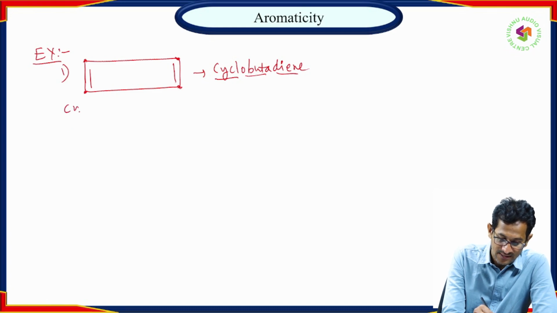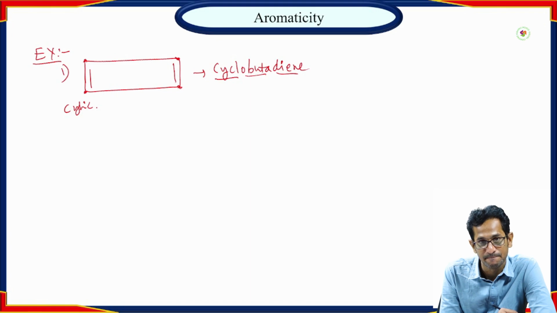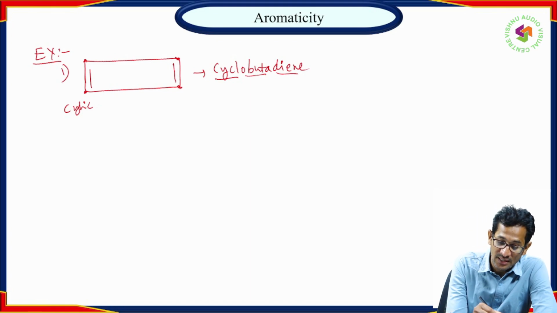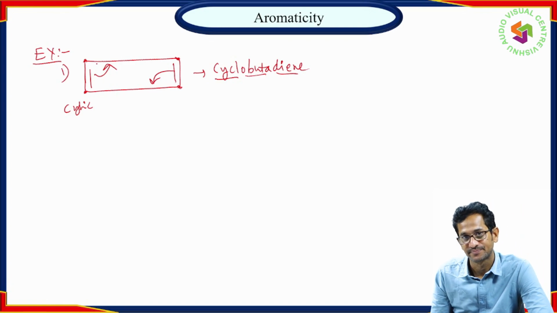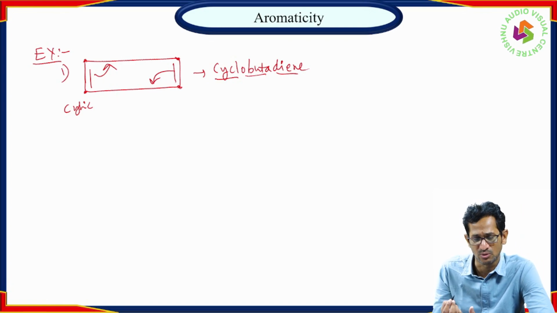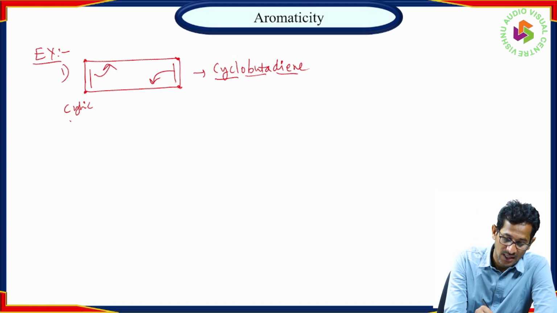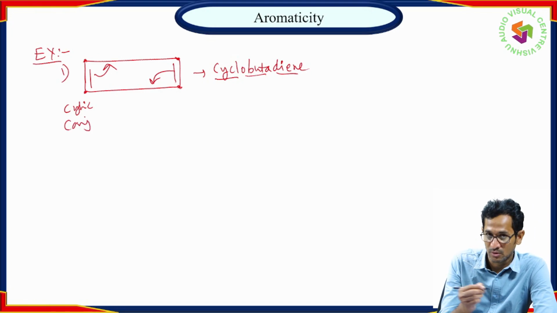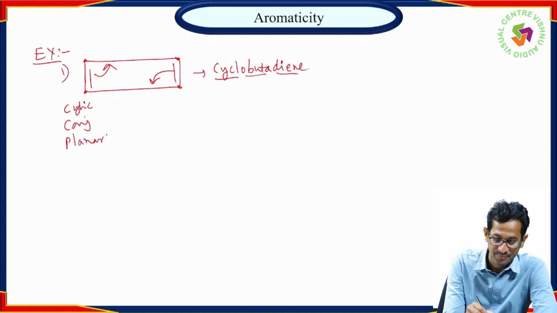First is cyclic. That is obvious. Cyclic in nature. The second one is conjugated double bond, because it is double bond, single bond, double bond, single bond. You may write it as a square or as a rectangle, no worry. Cyclic, so conjugation is present, which means delocalization is there. Once it is satisfied, it is planar.